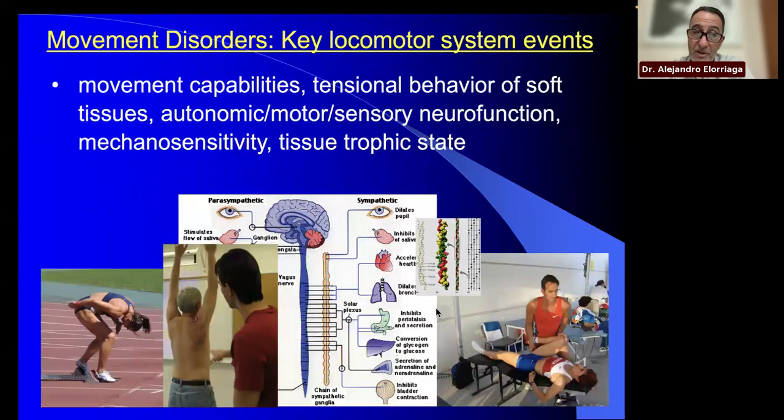And then you can access, and should, the most material part of the system, the locomotor system, and there you can study movement capabilities, tensional behavior, neurofunction at different levels, nerves that are sensitive, which indicate spinal or peripheral sensitization, and the state of the tissues.